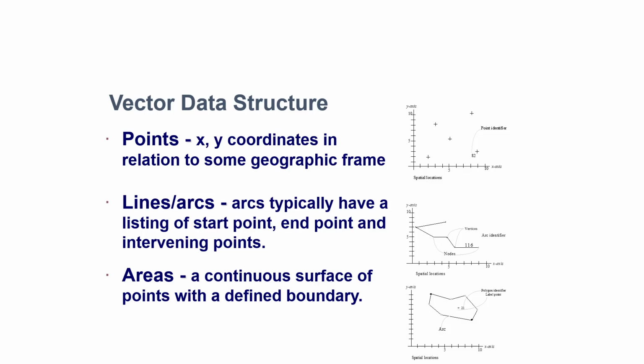Vector data structure allows us to use points with xy coordinates, lines or arcs. Arcs typically have a listing of start points, end points, and intervening points, and areas, a continuous surface of points with a defined boundary.